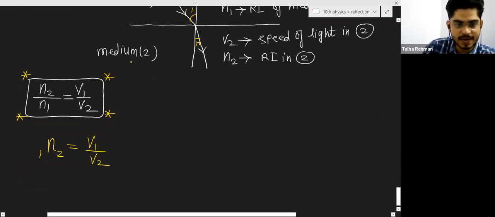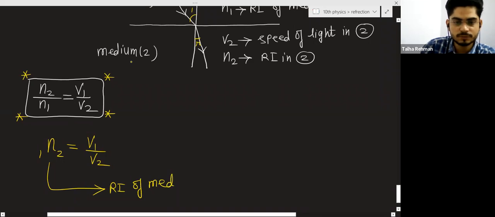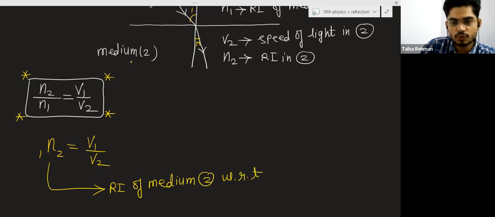This N12 is known as the refractive index of medium 2 with respect to medium 1.